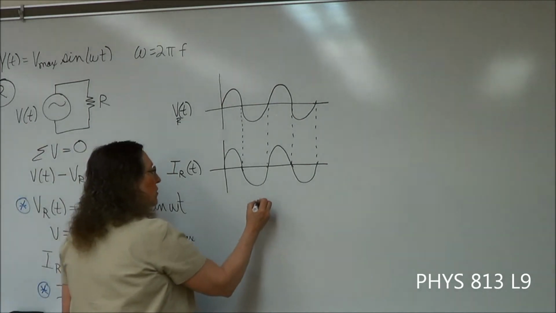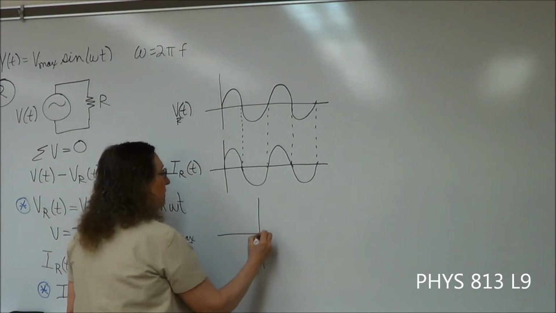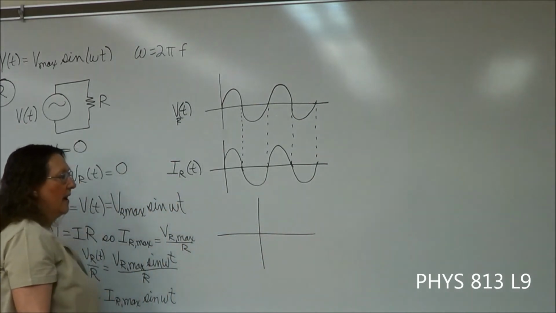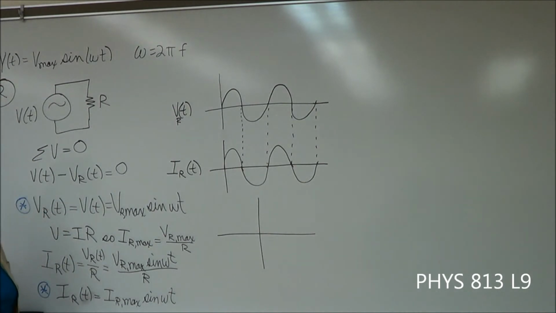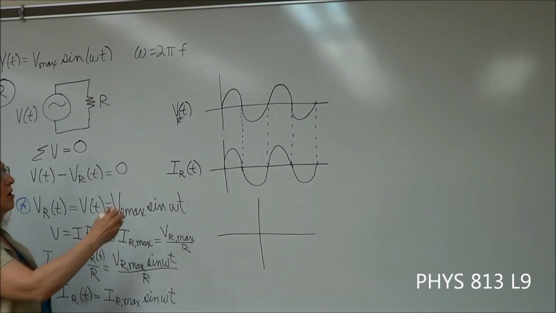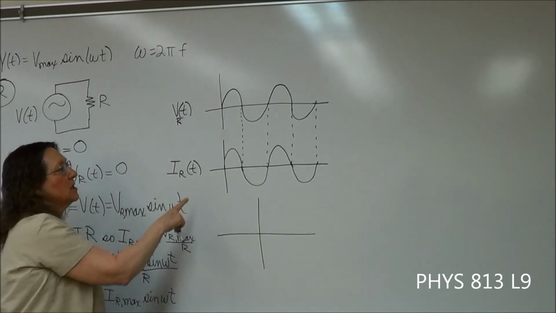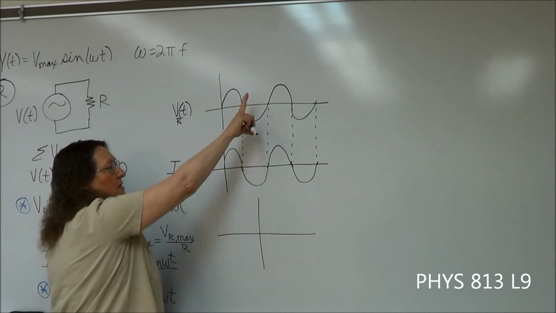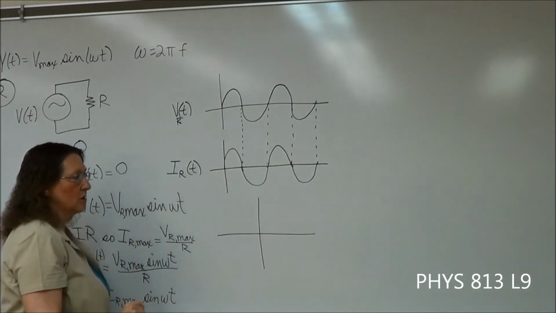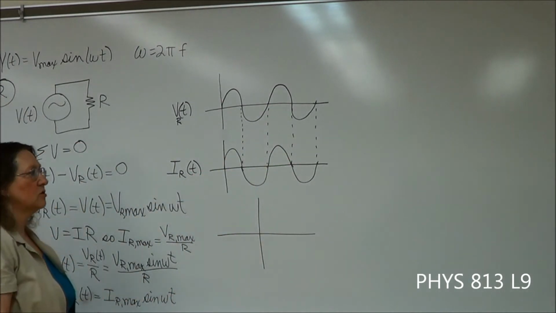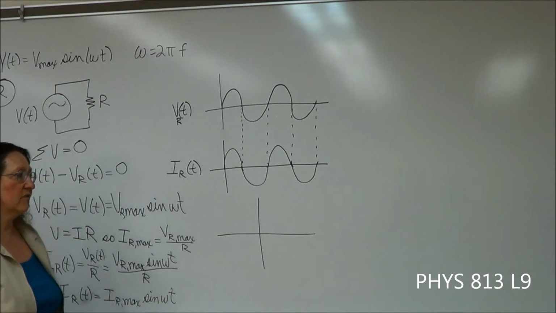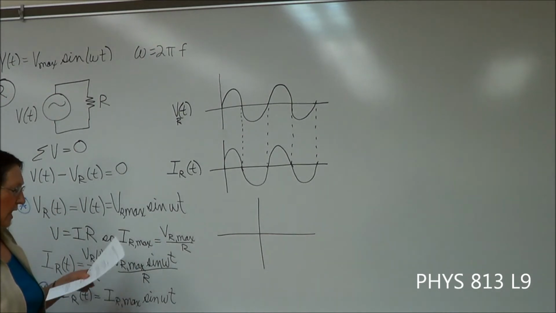So, the standard rule for a phasor diagram, we have an x and y axis, and then we start with our voltage and current. Since both of these vary together, then we're going to draw our diagram sort of one on top of the other.